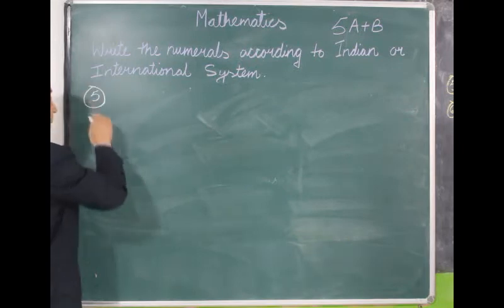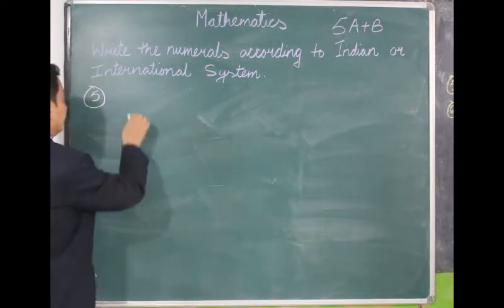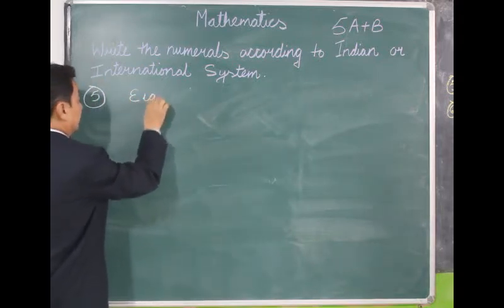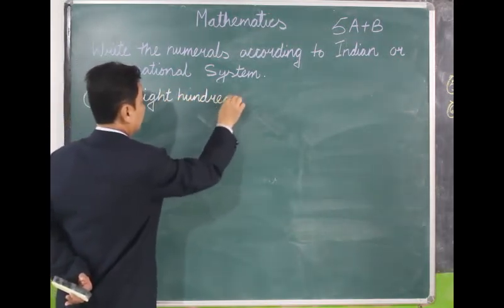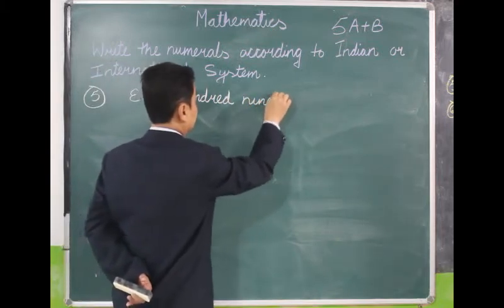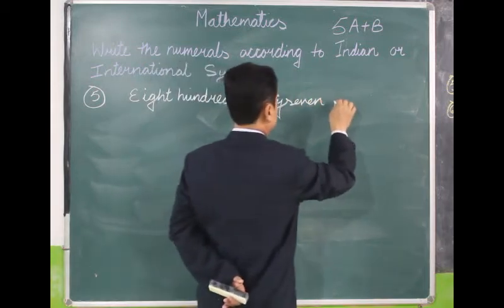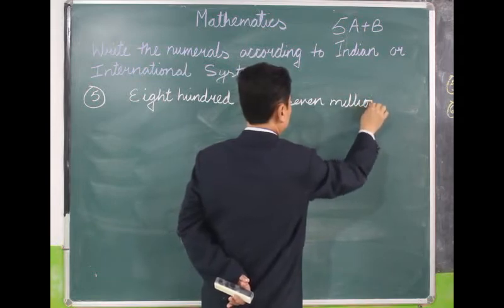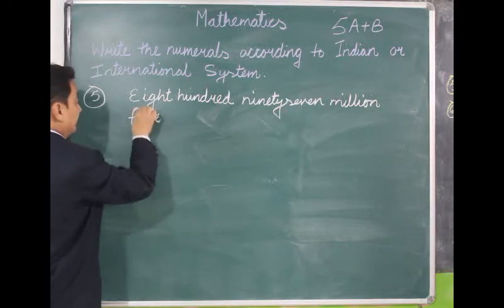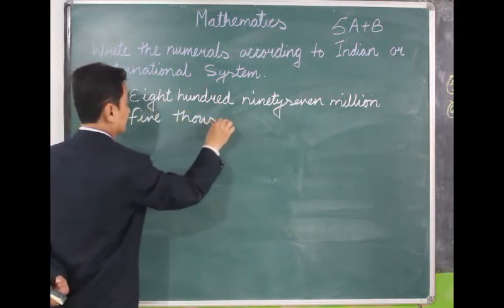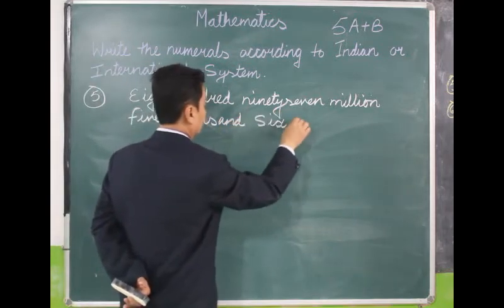Now, while I write and while I say, try and think what numbers you are going to write. 800, 97 million, 5,000, 600.